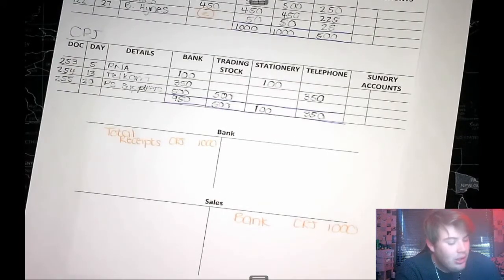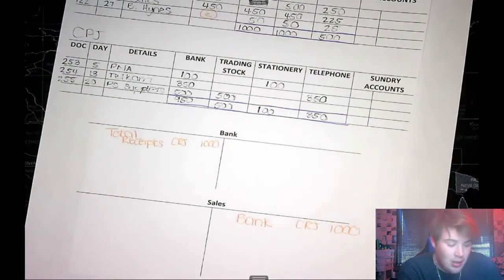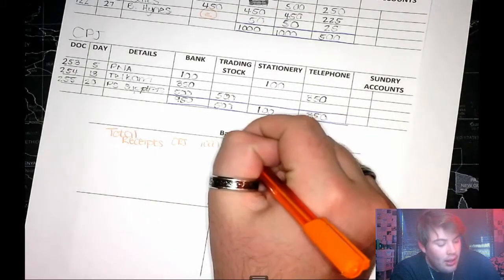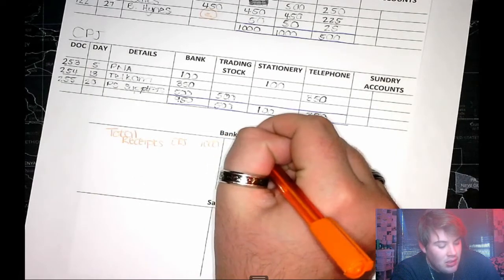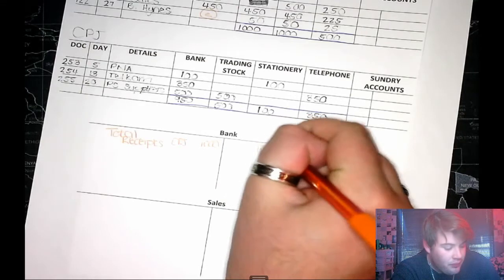Okay, right. So we are not finished there yet with our bank account specifically, because we also made payments during the month. So let's quickly just do our payments for the bank. When dealing with payments, we would also group it and call it total payments.